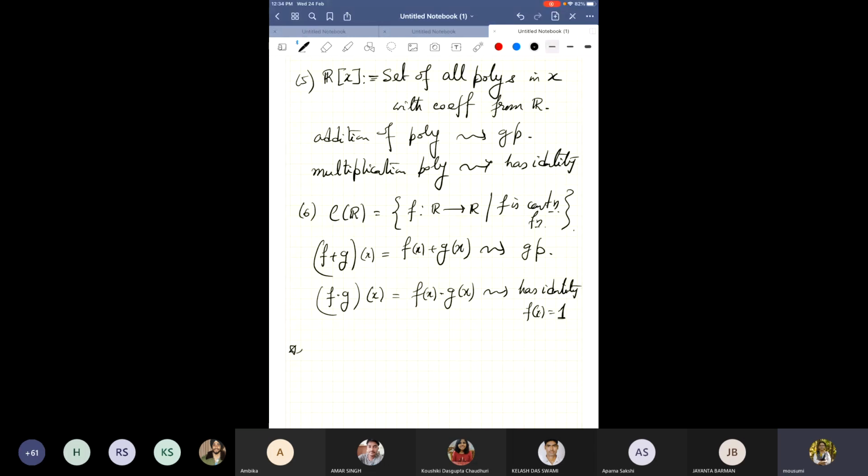So what is the definition? A ring R, now I am doing it for any abstract set. A ring R is a set with two laws of composition, or two binary operations.